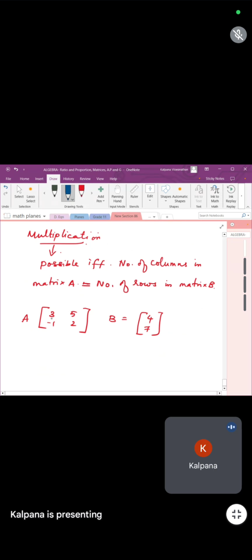Row means you take it horizontally, and going vertically we call it column. Now the number of columns in the first matrix, we have 2 columns, and the number of rows in the second matrix, first row, second row. So these both are equal. So multiplication is possible.